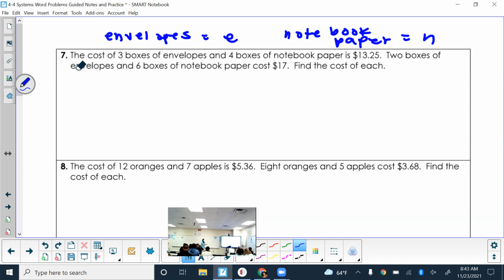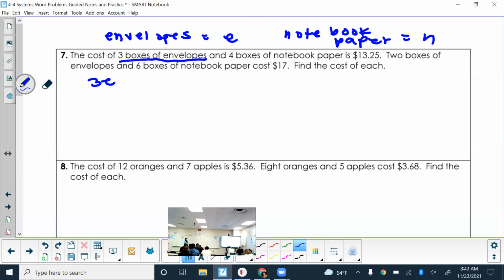Then we need to make our equation. So start with the first one. The cost of 3 boxes of envelopes. So what operation is implied when I have 3 boxes of envelopes? So 3e, multiplication. We don't know what the envelopes cost, like the price per envelope, right?